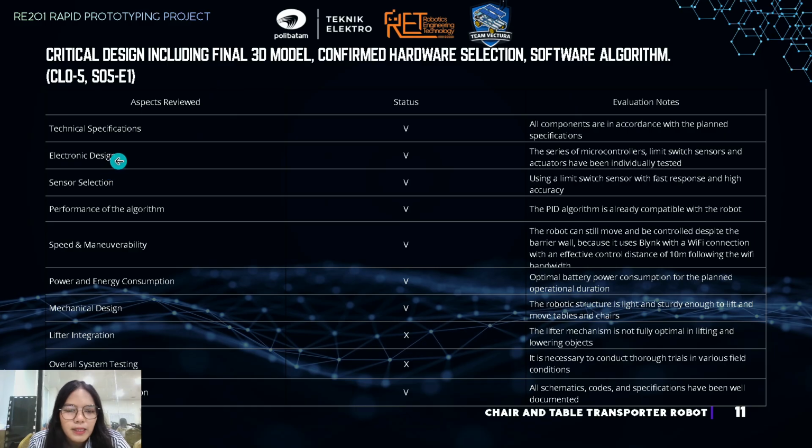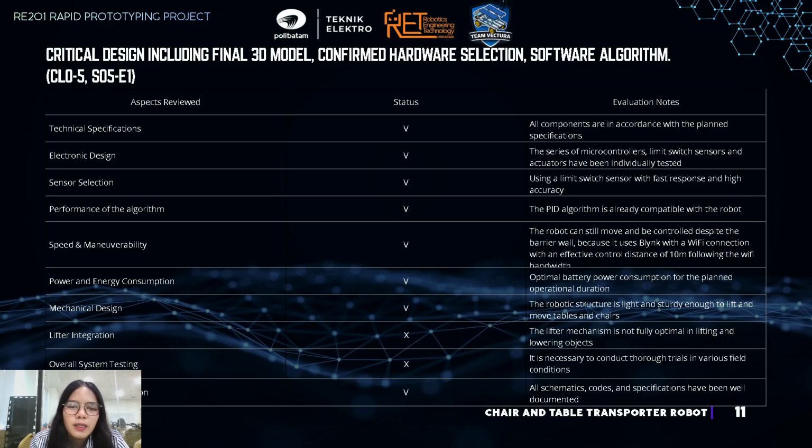For electronic design, the microcontroller, limit switch sensor, and actuator have already been tested. For sensor selection, we use limit switch sensors because they provide fast response and good accuracy.